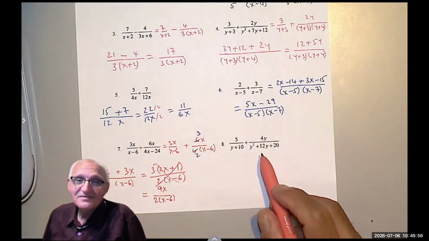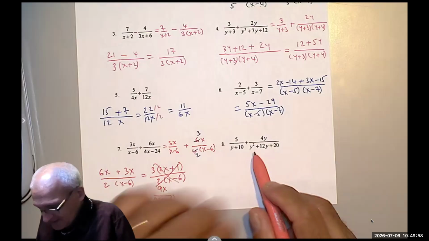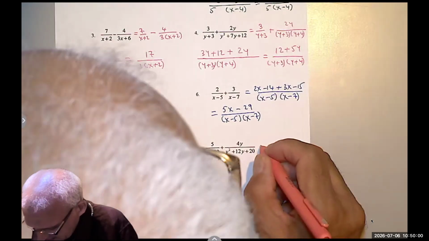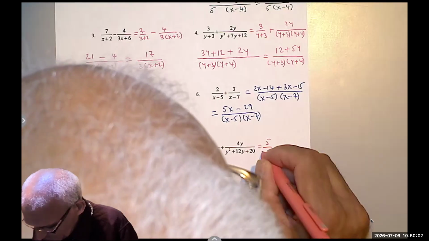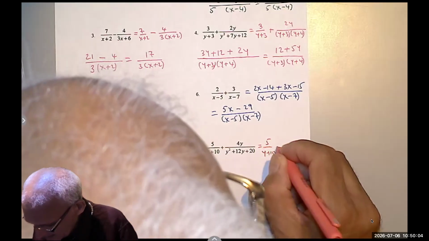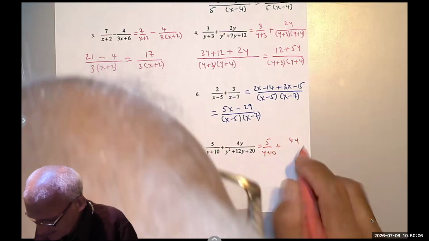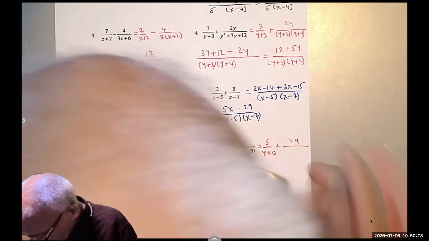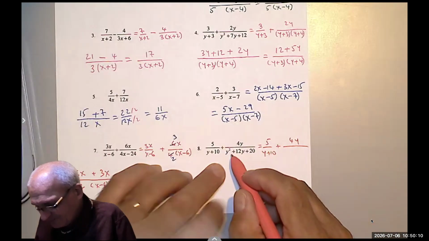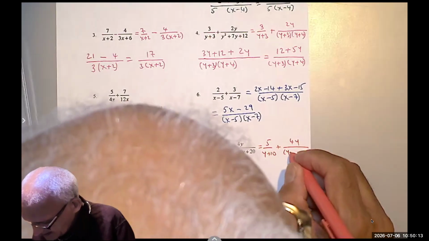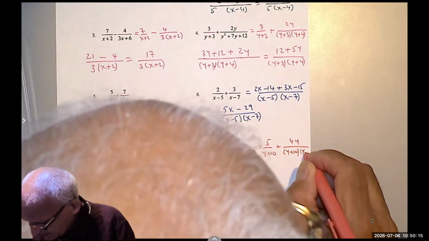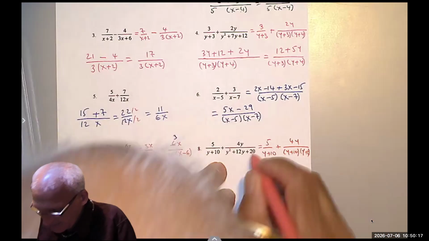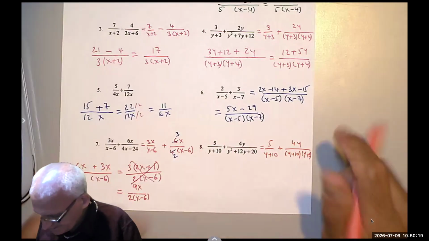Okay, now this one can be factored out. So I'm going to write 5 over y plus 10 plus 4y. I have to be careful here. There is a y. And when I factor this, it would be y plus 10 times y plus 2. Two numbers that multiply to 20 and add up to 12.